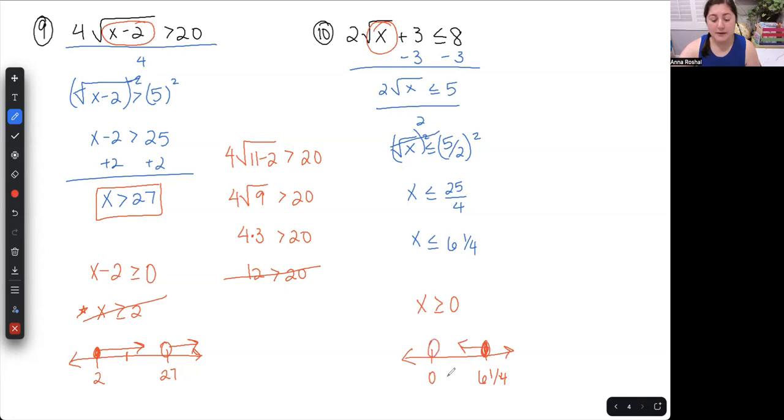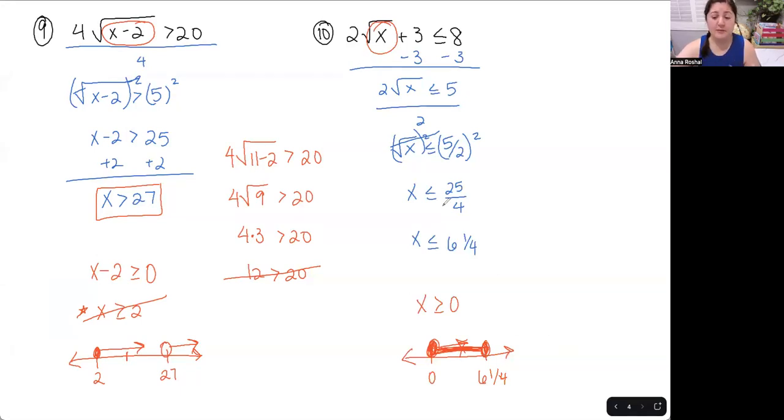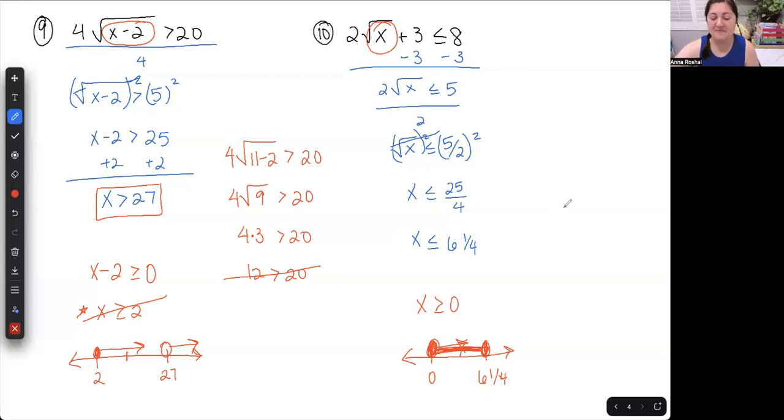With 0, I'm also going to have a closed circle with an arrow pointing in that direction. So all of these numbers are going to be included in my solution, meaning I can't put any negative numbers, because if I do, my radicand is going to be a negative number, and then I'm going to end up with an imaginary solution. And I can't put anything above it because my answer says no thanks. It doesn't work out that way.